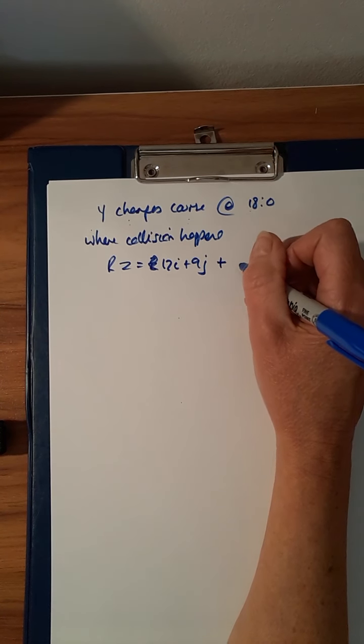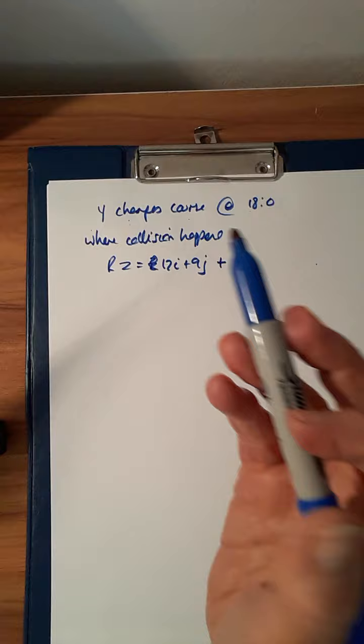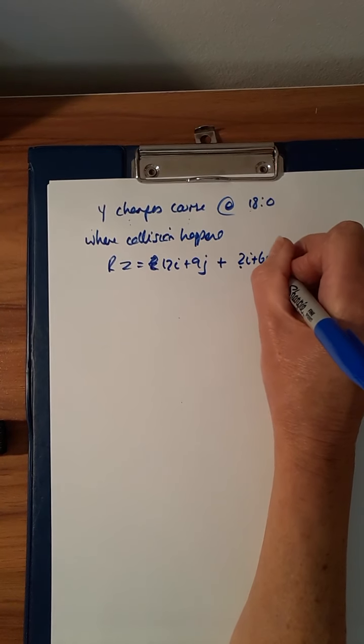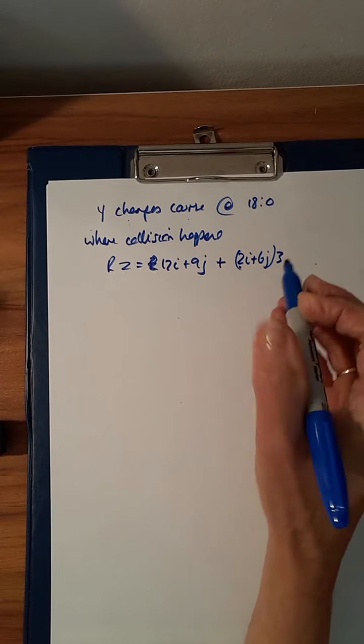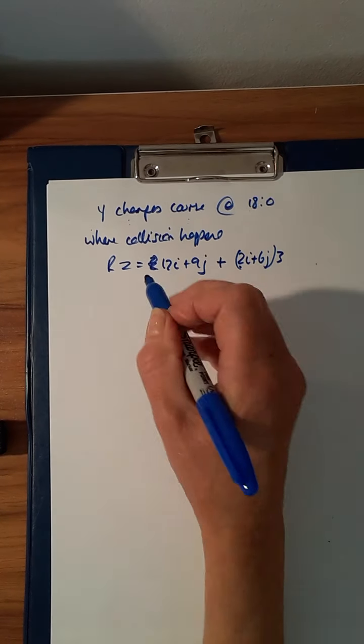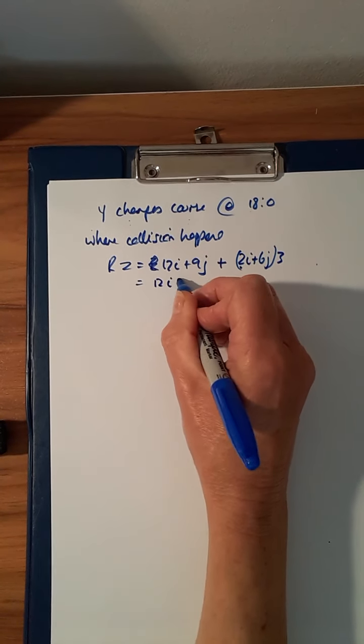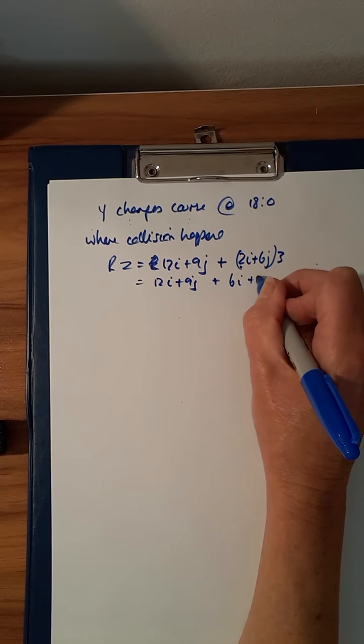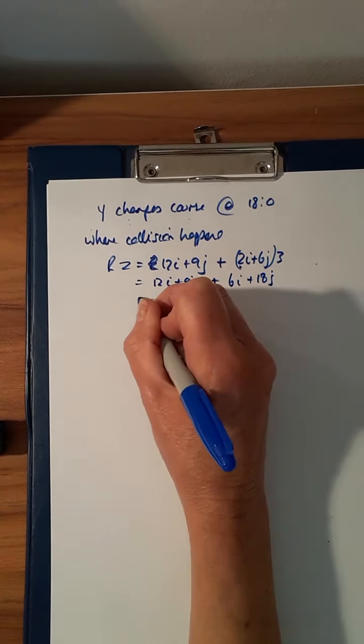And to do that, I'm going to multiply its velocity, which is 2i plus 6j, by 3 to see where its displacement is 3 hours later. So when I do that, I get 12i plus 9j plus this is 6i plus 18j.